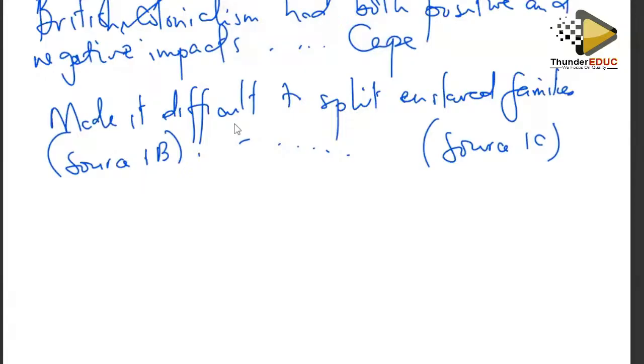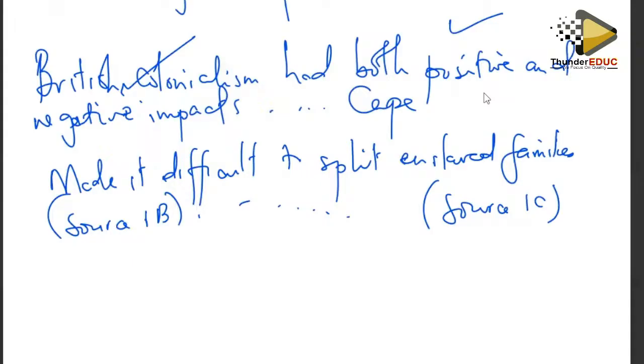Right, then lastly, we are supposed to link, to show that whatever you are saying there is supporting the answer. Because the answer here is saying positive and negative. So you provide a closing statement which shows that whatever you were explaining in the paragraph is giving us an impression of positive impacts and negative impacts.